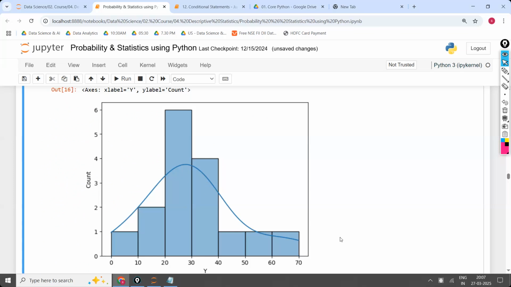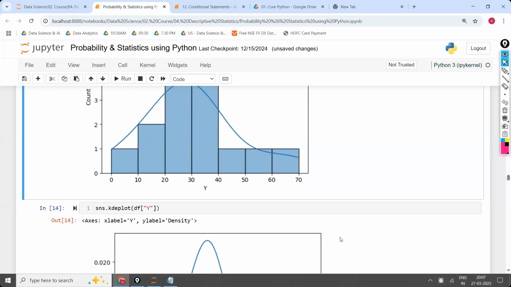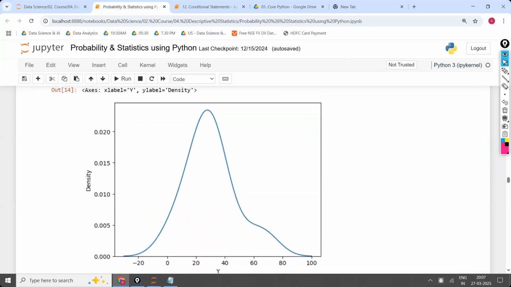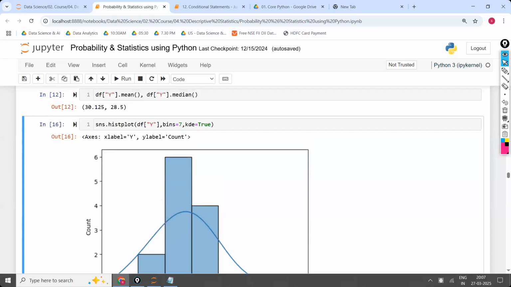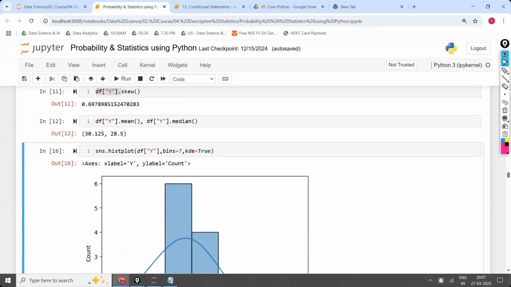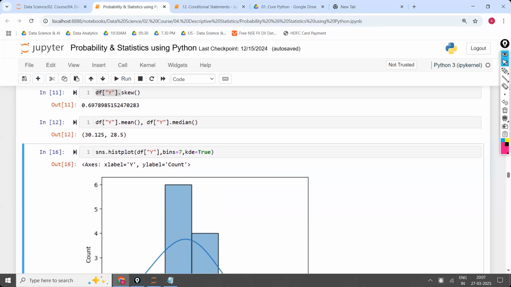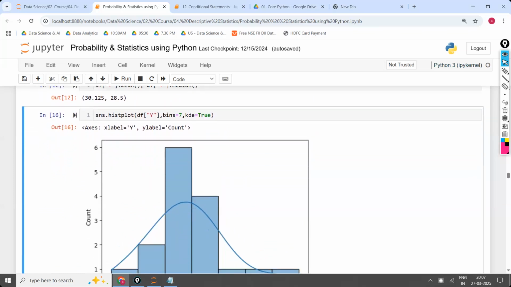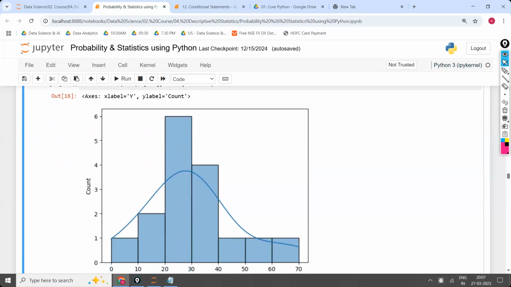If you don't add it, by default it will take false. You can have a separate KDE plot, or in this itself you can have kde equals true. Is that clear, everyone? Yes or no? If it is not clear, please ask. What questions do you have?